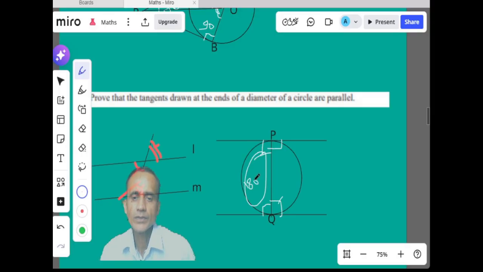So using this property, we can say that these two lines, if I name them R and S, are the two tangents which touch the circle at point P and Q, and PQ is a diameter of the circle. Then R and S are parallel because alternate angles are equal, and you can also say that the sum of interior opposite angles is 180 degree. Easy. So this is how we can prove this.